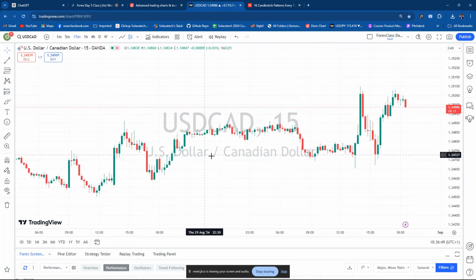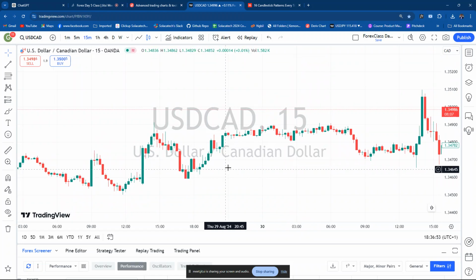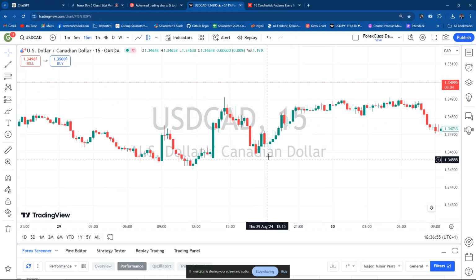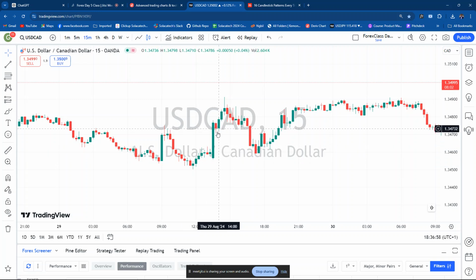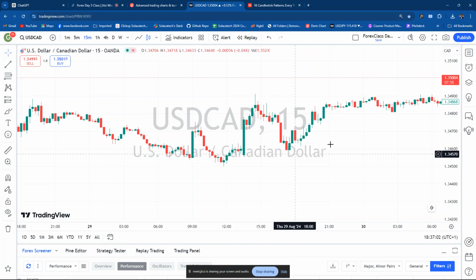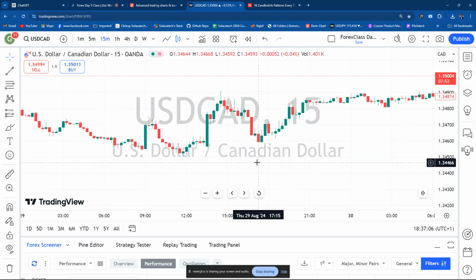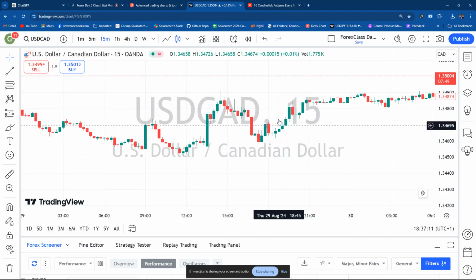Back to the hammer candle now. The hammer candle is that candle that opens at one end but closes full. Let me explain it again. Let me show you an example of a hammer candle. This is an example of a hammer, a bullish hammer.